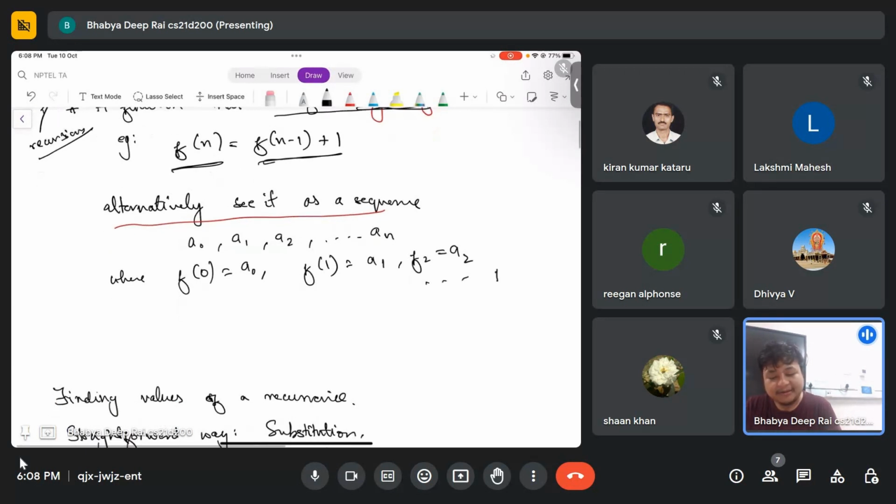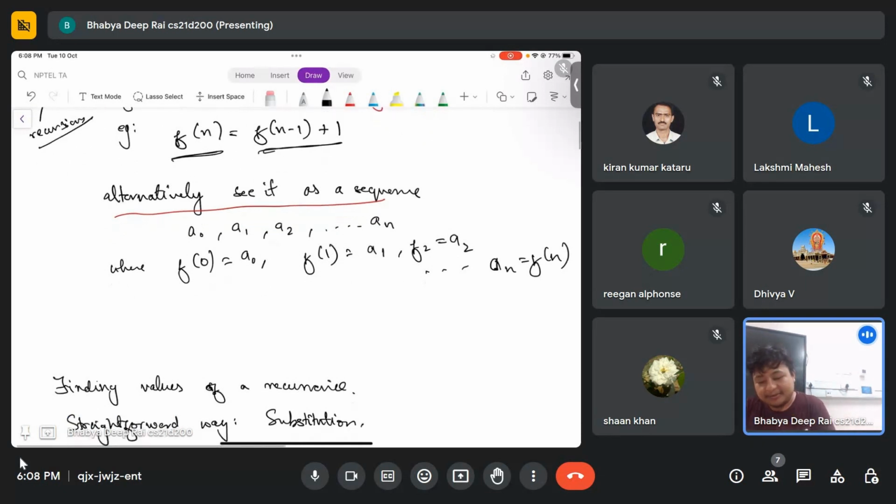You get the idea, right? So an will be equal to f(n). Alternatively, we can see the function f as a sequence. Then this same function can be defined as an equals a(n-1) plus 1.